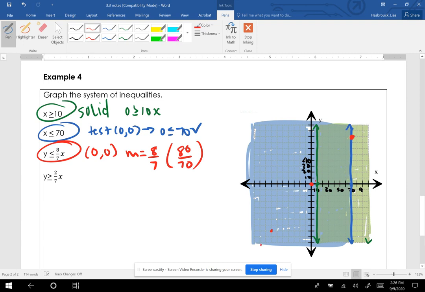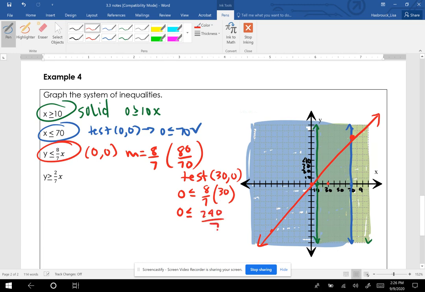And this is a solid line. We cannot use the test point 0, 0 because we go through it for this problem. So instead, let's do 30, 0. Okay. So I just picked some other random point that's not in any line. So I get 0 is less than or equal to 8 over 7 times 30. 0 is less than or equal to 240 divided by 7.